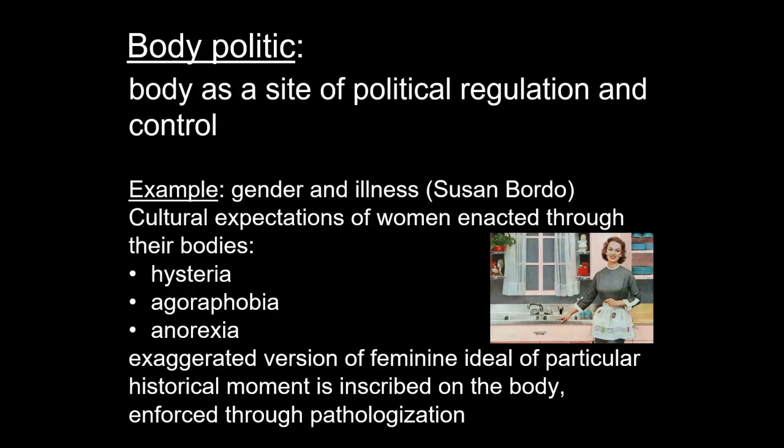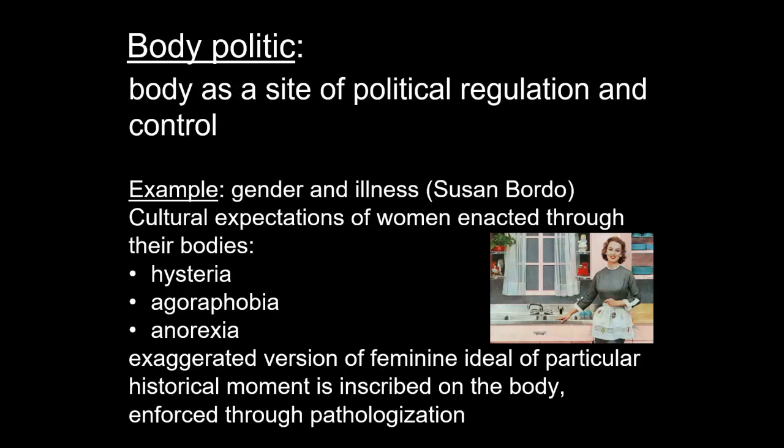Okay? So in other words, she's saying, first of all, that these illnesses are far more than just some sort of biological phenomenon. And second, she's saying that the way that these particular illnesses function was as a means of control, particularly of women's bodies, by pathologizing elements of what were understood to be distinctive female elements of embodiment and character. Okay.